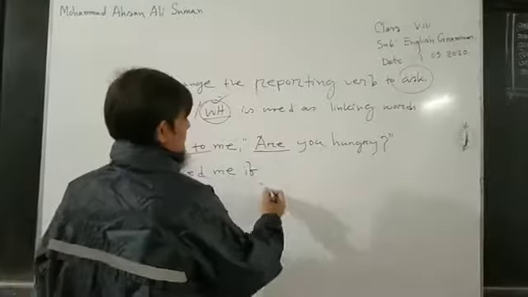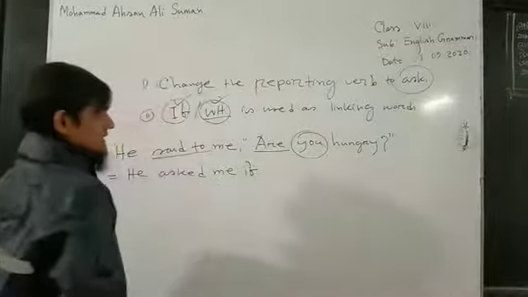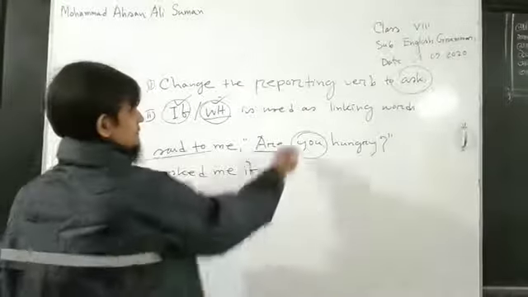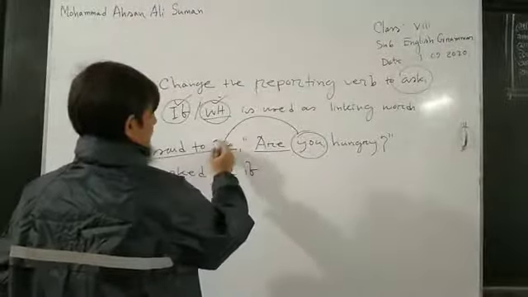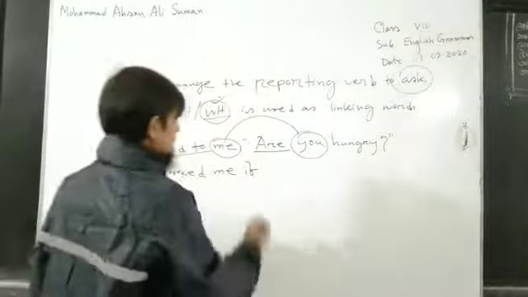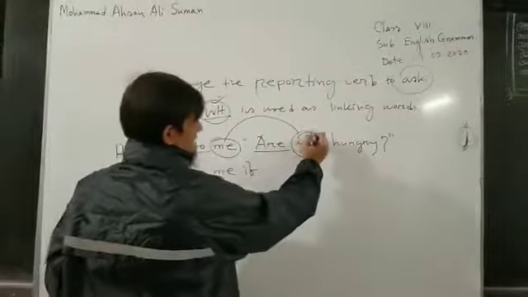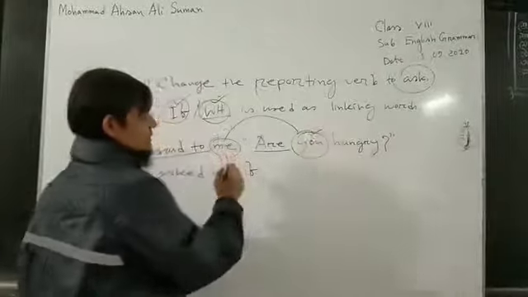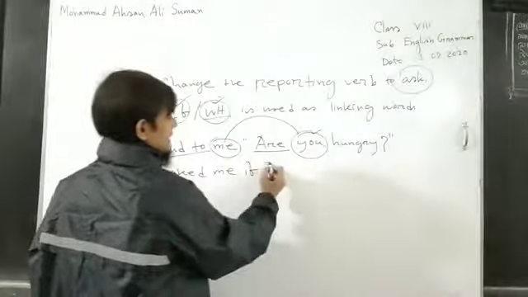Here the pronoun you is in the second person, so it is changed according to the object of the reporting verb, me. As you is used here as a subject, we should write the subjective form of me, I.